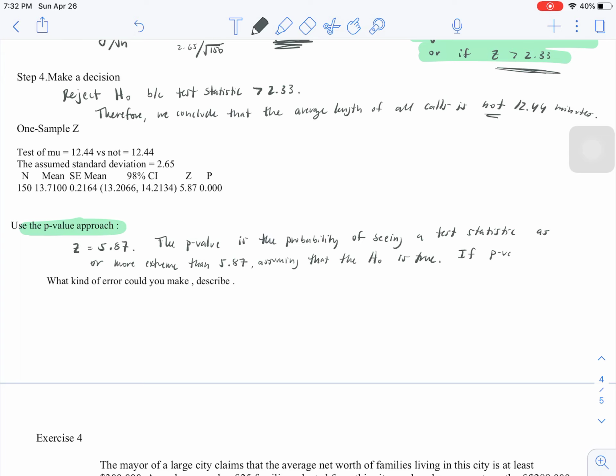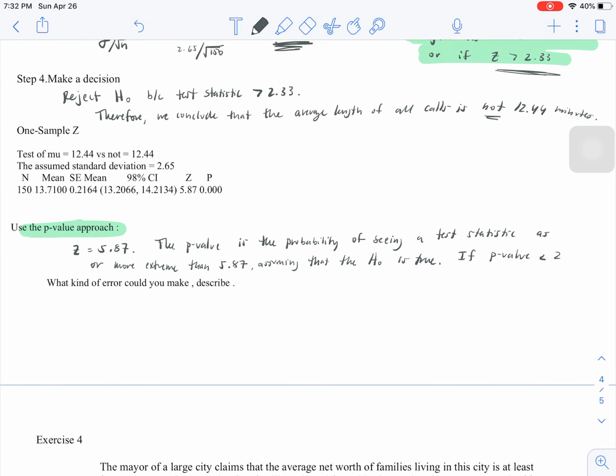And if our p-value is less than our significance level, which in this case was given to us as 2%, we reject the null hypothesis.